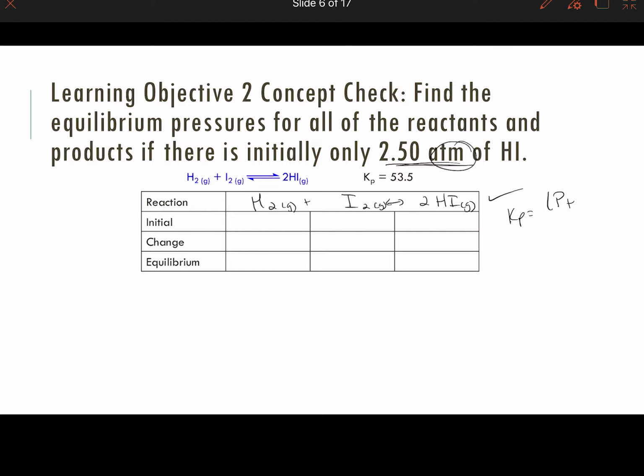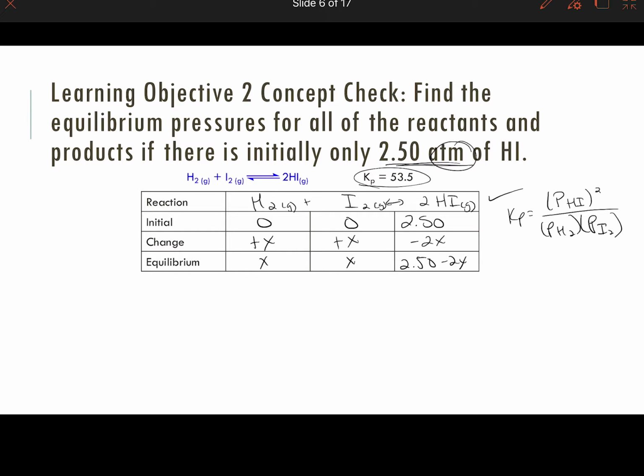We'll then put those equilibrium pressures into our Kp expression, and we'll put our Kp value in there as well. So our Kp, 53.5, will be equal to our HI pressure, 2.50 minus 2x, squared, divided by our x's. What we get is 53.5 is equal to (2.50 minus 2x) squared divided by x squared.